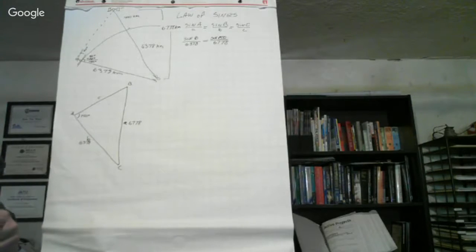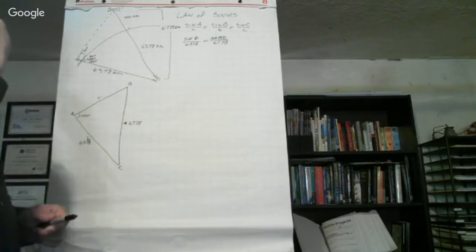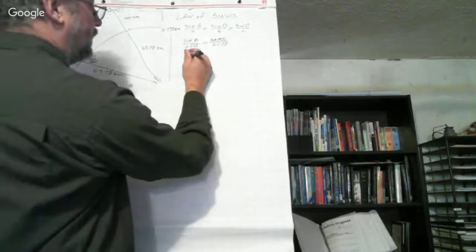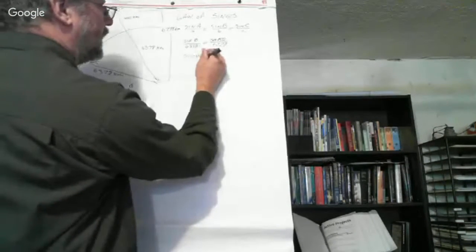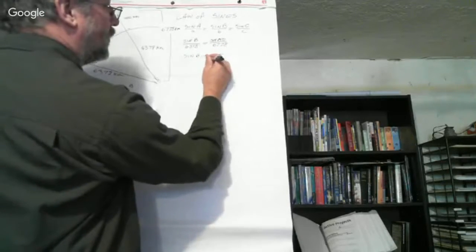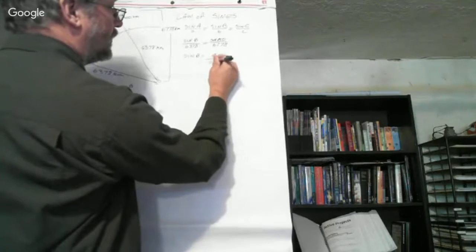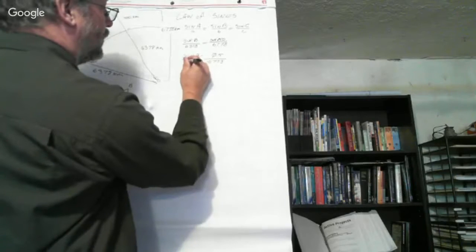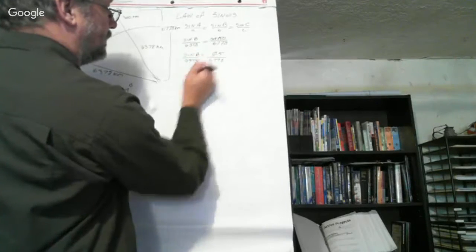The parts that we know is that if we plug it into a calculator, the sine of 150 is 0.5. So we can tell that sine B over 6378 equals 0.5 over 6778.